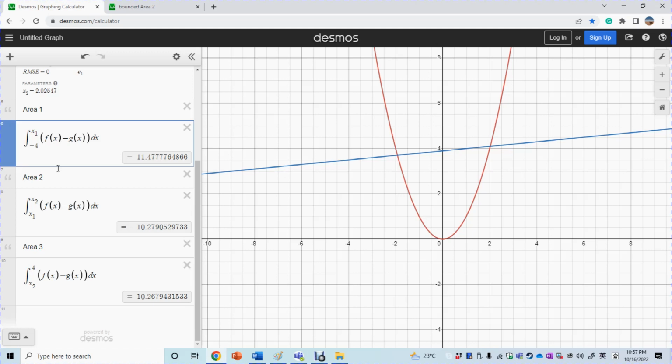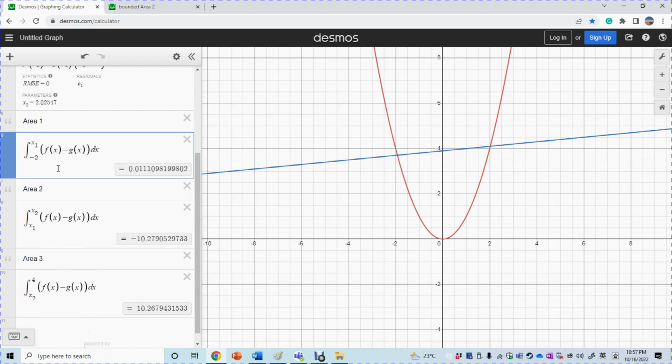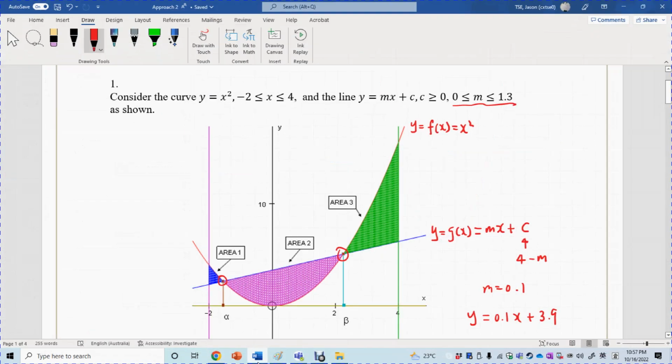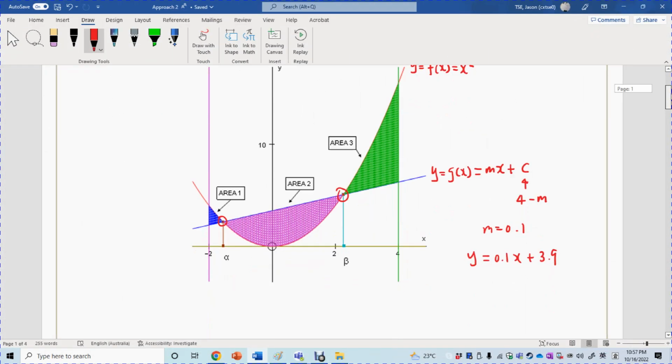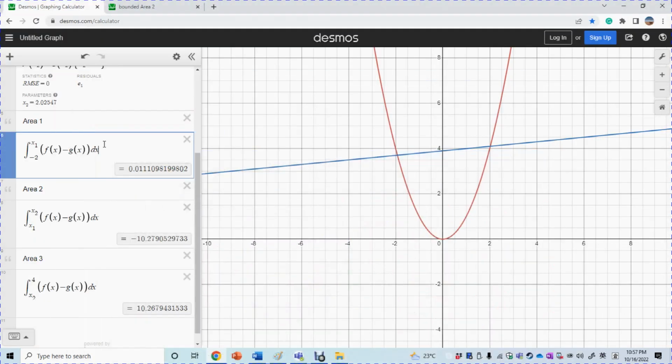I made a mistake. You see the first area, sorry for the confusion, it should be -2. I should have switched back to the screen here. The first area should be -2 to alpha, not from -4. So I made a mistake here.